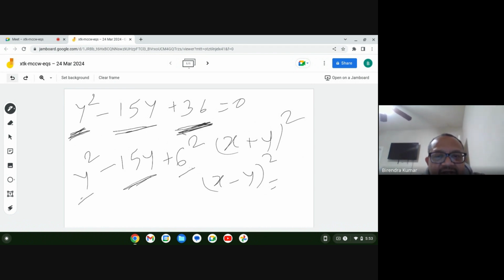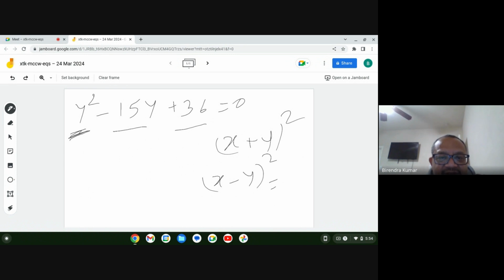This is not the case. Now the only option we are left with is to factorize, meaning split this into two parts. So the first option is always to check the identity, if there's a straight square formula that you can use. If it is not a straight square formula, that is when we go for the factorization option.